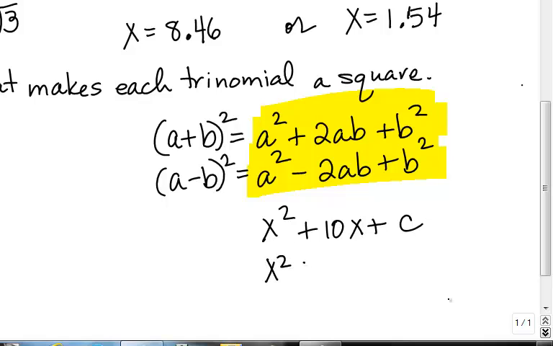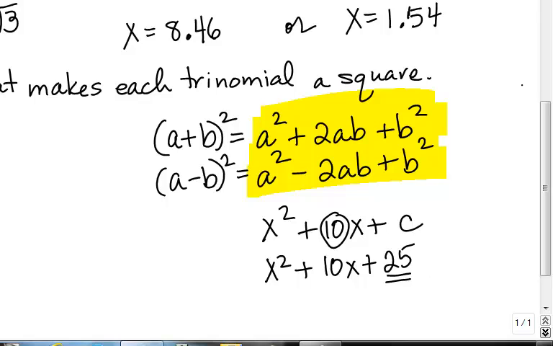So then you'd have x squared plus 10x plus 25. Is that a trinomial square? Yeah. So if they give you this linear term, take half that coefficient, divide it by 2, and then square it and get your c value.